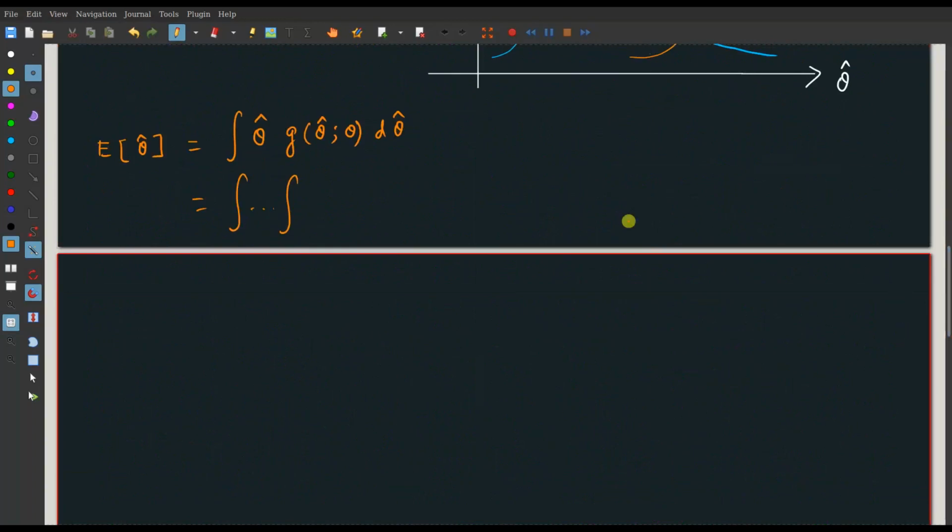So the probability distribution will be f of x1 given theta, and so on up to f of xn given theta, dx1 up to dxn, and then you multiply with this theta hat, which is a function of x, and you get this expectation value.